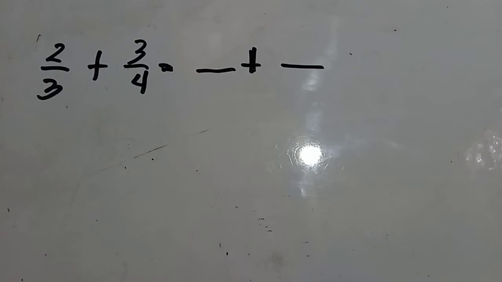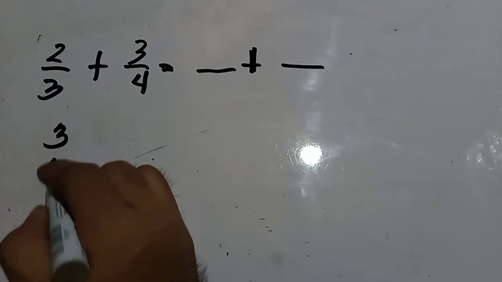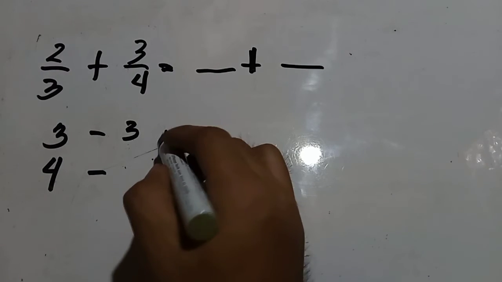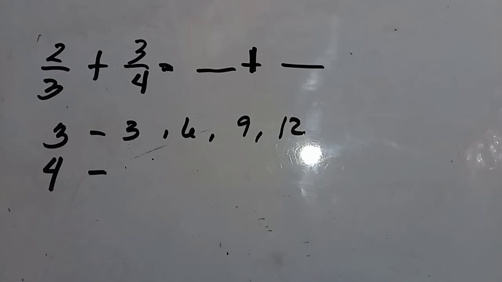Ayan, hanapin natin yung common denominator nila. So we have 3, 6, 9, 12, 15. Make sure that you memorize the multiplication table, because it's very important to us to find our least common denominator or the LCD.